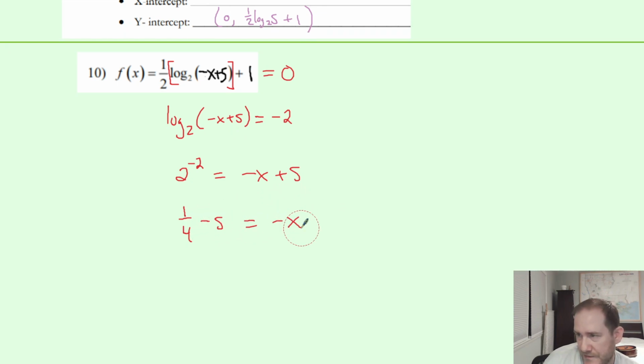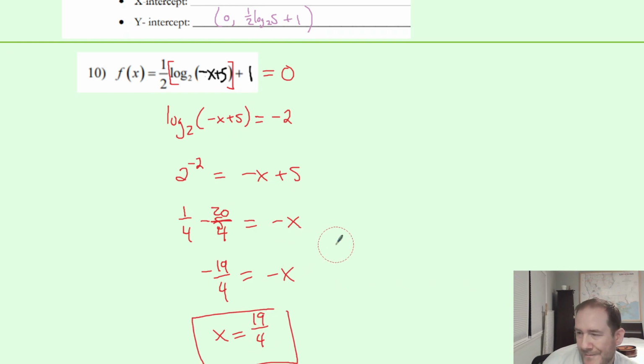That'll equal negative x. 5 is 20 fourths. So you're looking at negative 19 fourths, which equals negative x. So that means x is positive 19 fourths. Which, let's not forget, is just 1/4 less than 5. So this thing is 4.75.